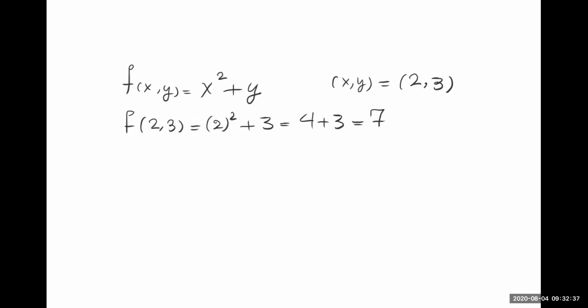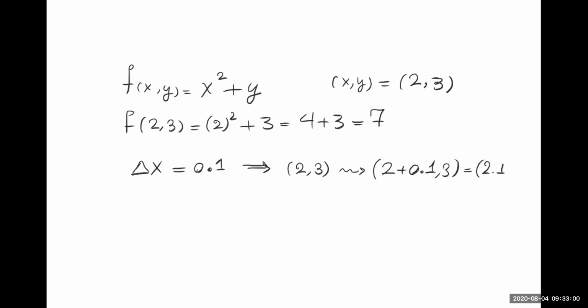Now suppose I'm changing x a little bit, by a very small amount, I don't know, say 0.1. So I'm moving from the point 2 and 3 to a new point, 2 plus 0.1 and 3, which is 2.1 and 3. It's a very nearby point. How much is it going to affect the value of f?